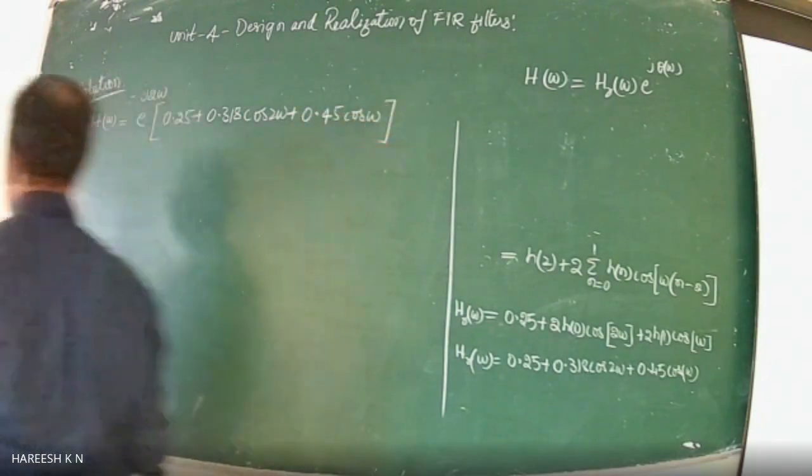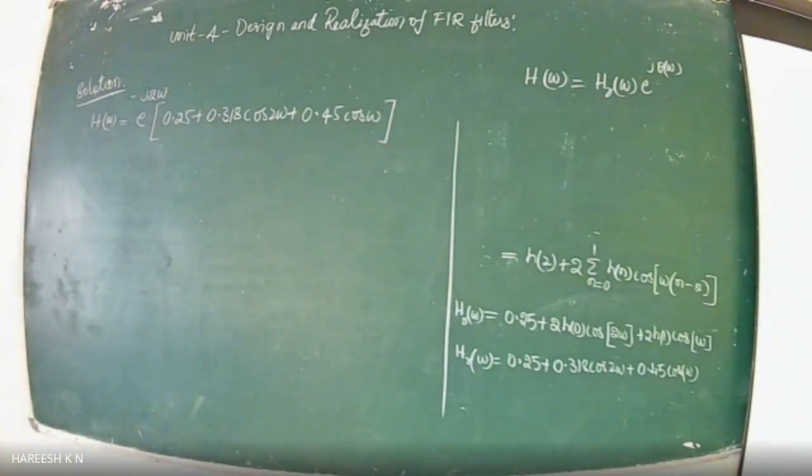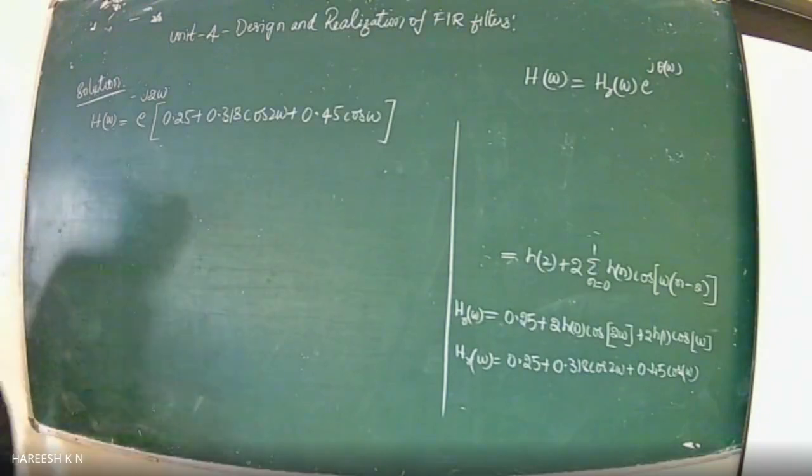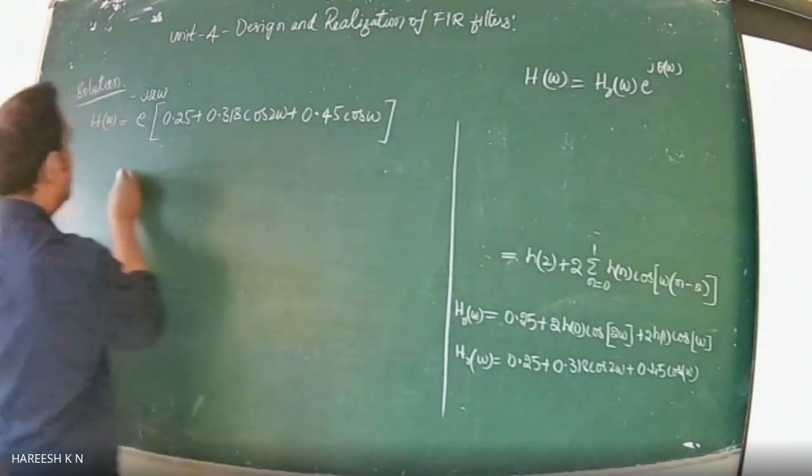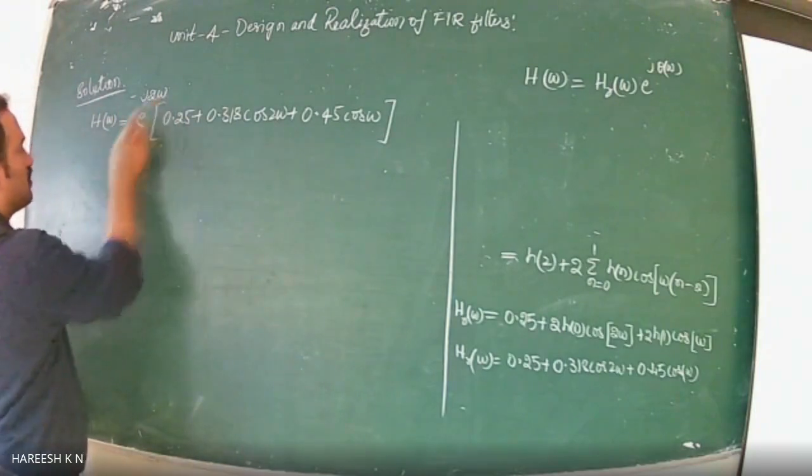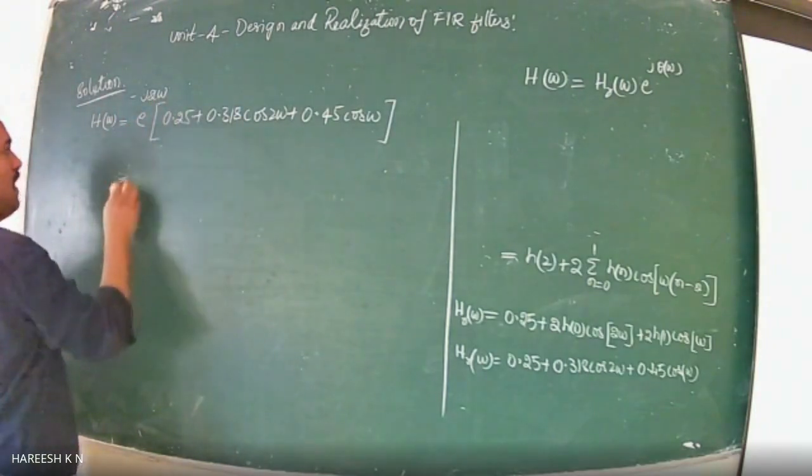Now, we need to simplify that and write. Right? Now, this is equal to, upon substituting for omega, we can get the values of it.